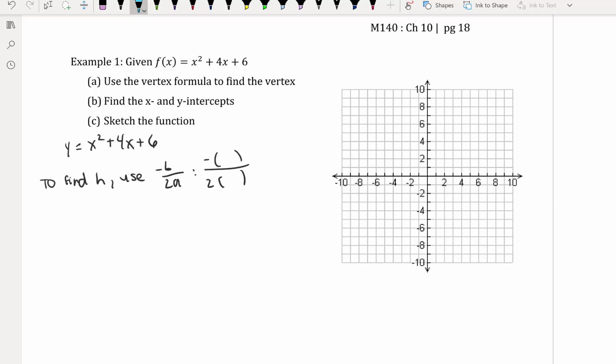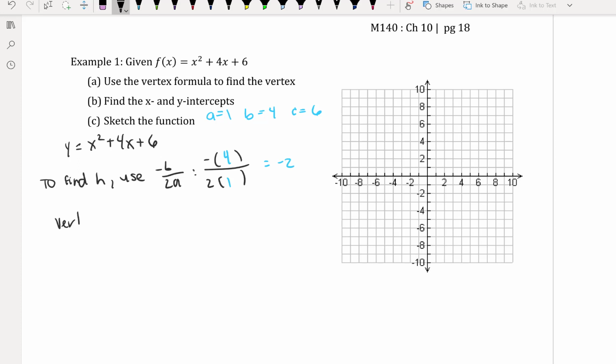Let's figure out what those values are. For a we have 1, b we have 4, and c we have 6. So I'm going to plug this in. My fraction now becomes negative 4 over 2, and that's going to give me negative 2.